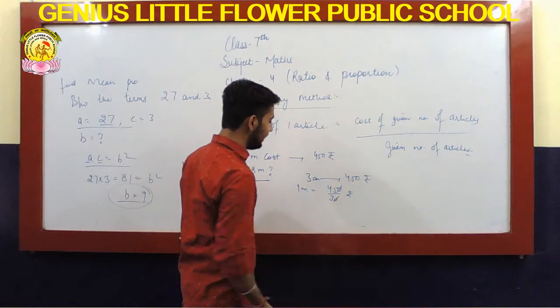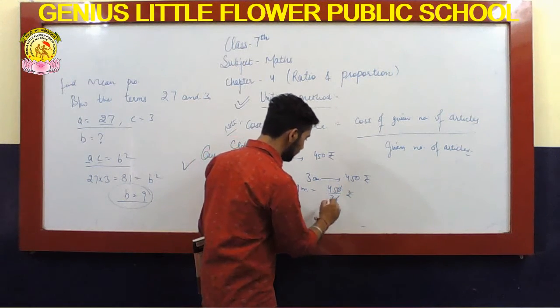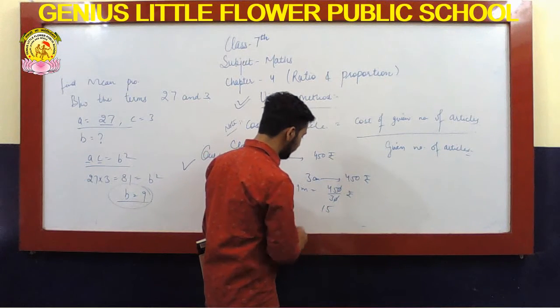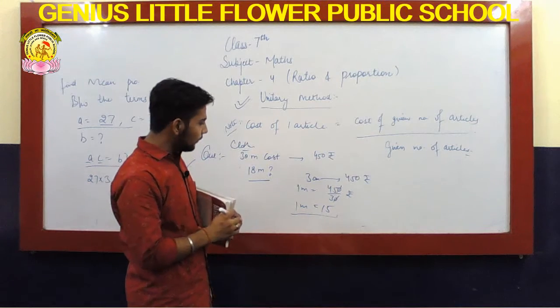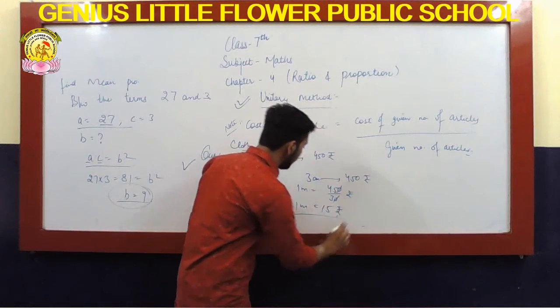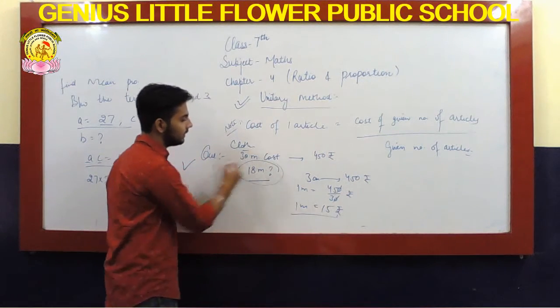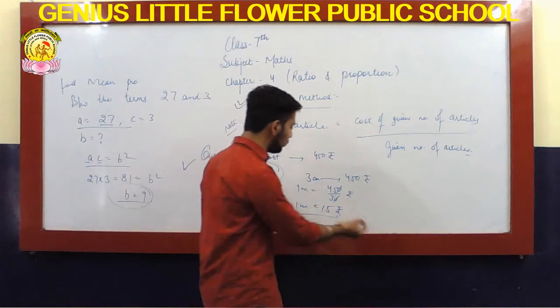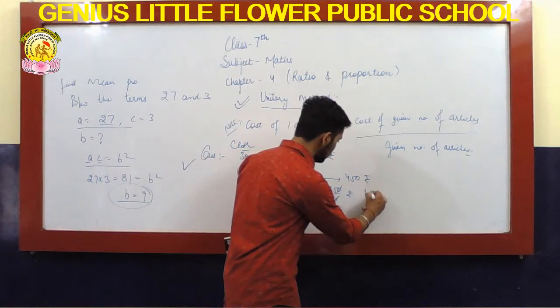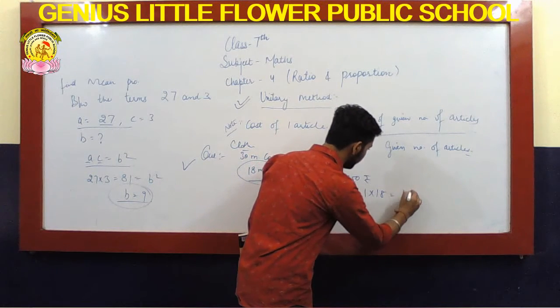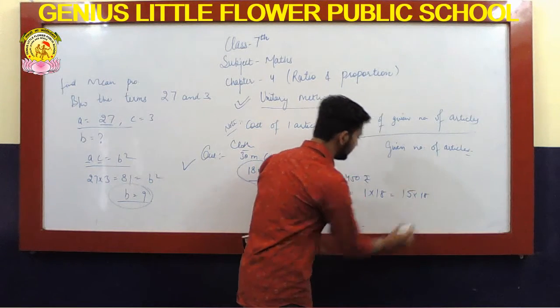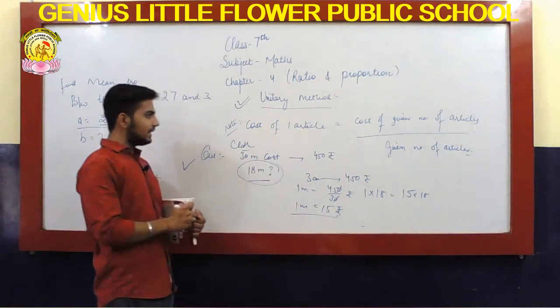If we divide, what will we get? 15, right? One meter costs 15 rupees. Now what do we want? We want it for 18 meter. So what are we going to do? We are going to multiply both sides by 18. So 1 into 18 is equal to 15 into 18. This is quite an easy calculation and you can easily calculate it.